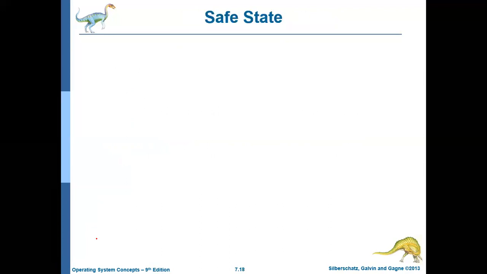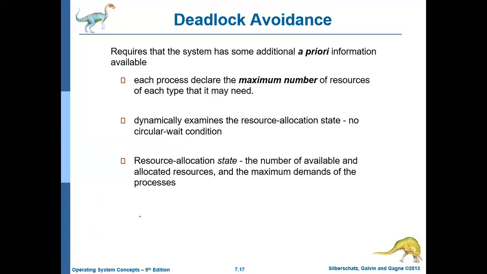Now let us try to understand a concept called safe state with respect to the deadlock avoidance algorithm. We have discussed that the operating system dynamically examines the resource allocation state to make sure that there is no circular wait.